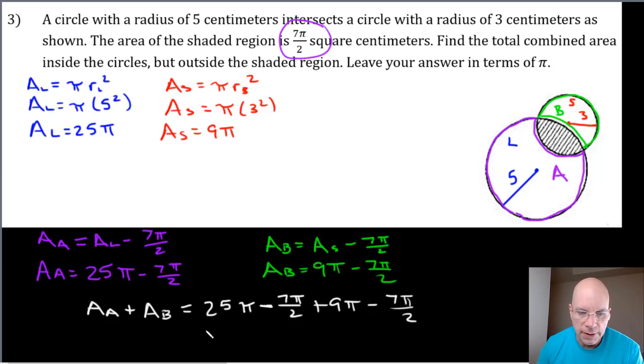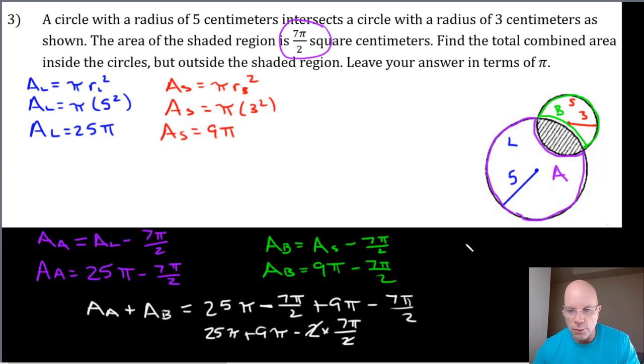And so we can think of this as 25 pi plus 9 pi, and just realizing that we're subtracting 7 pi over 2 twice. So we're subtracting 2 times 7 pi over 2. And 2 times half of 7 pi, these 2's will cancel out, and we'll just be left with 7 pi.